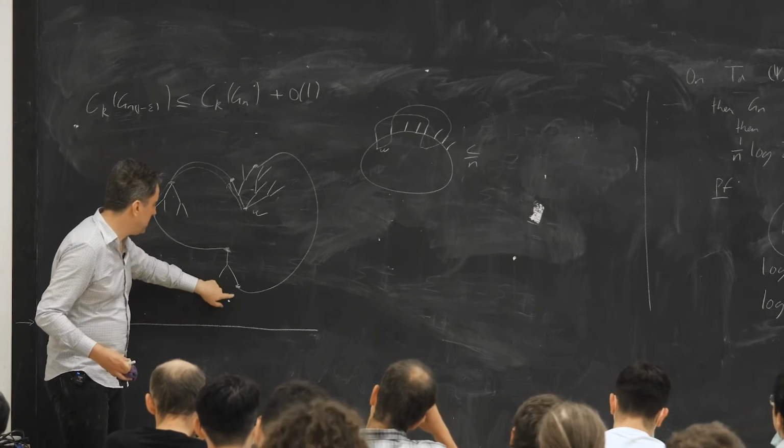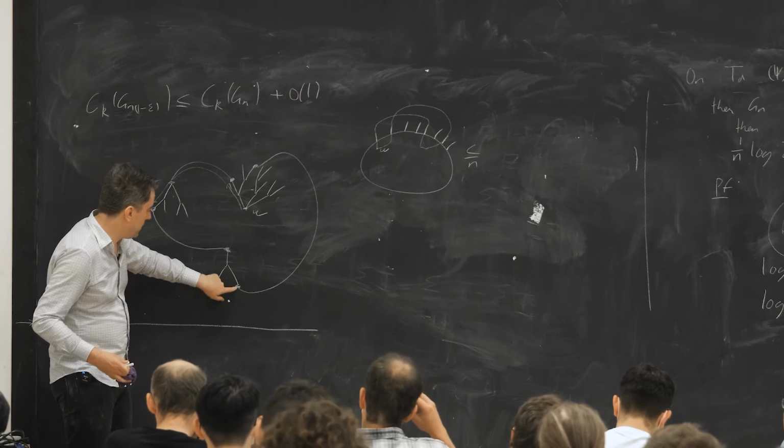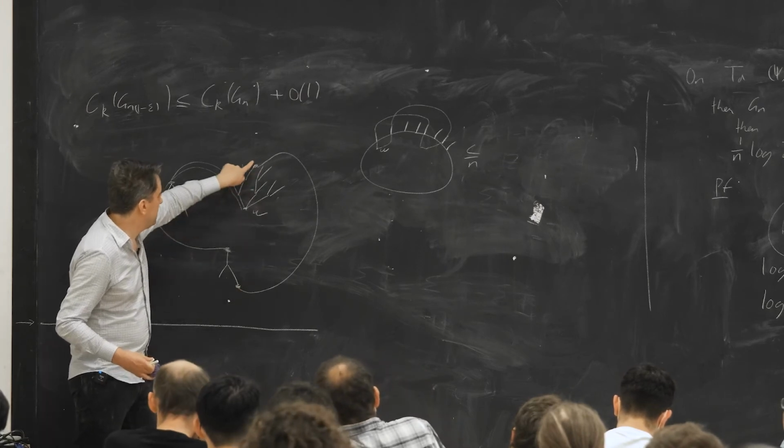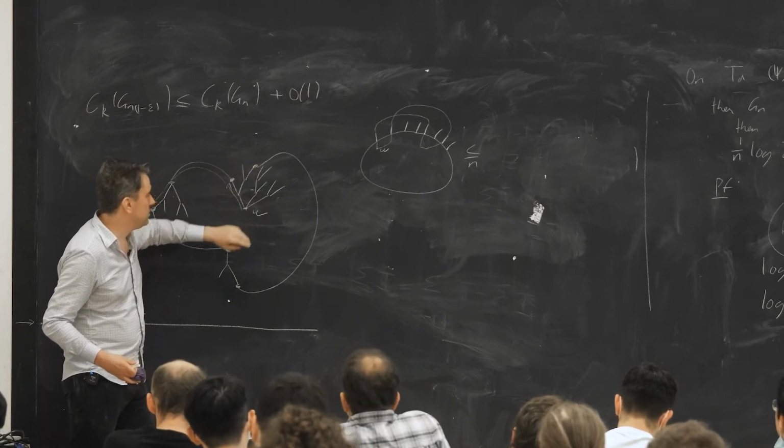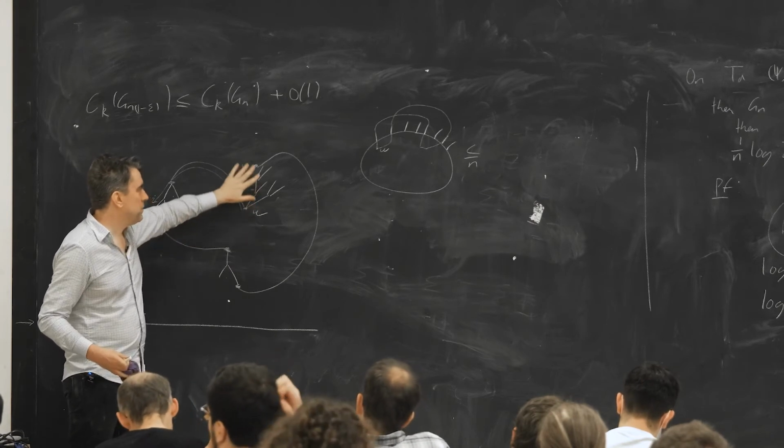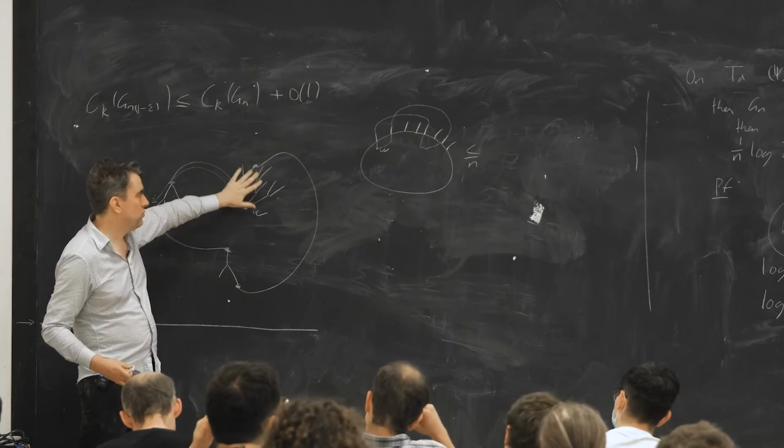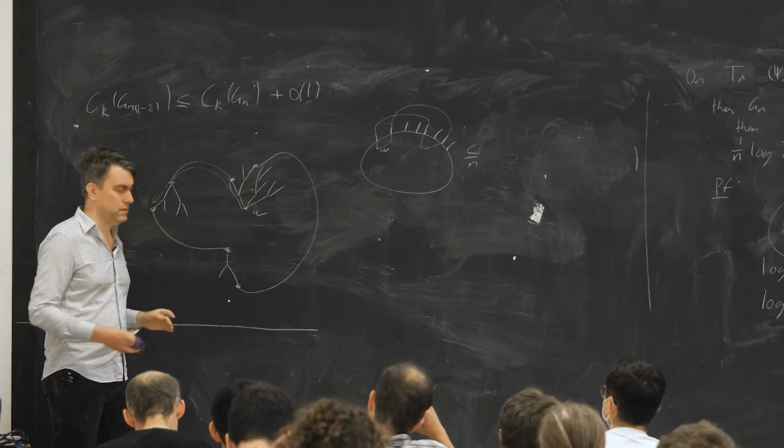So the probability that, when I discover this one, it gets matched back to something close to W is still going to be about probability 1 on epsilon n.